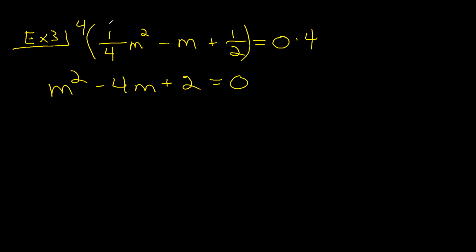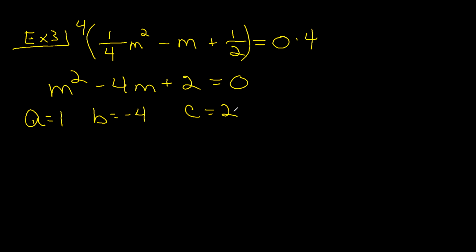I just distributed the 4 across to all the terms and simplified. And now I've got my a, b, c. So a equals 1, b equals negative 4, and c equals 2.